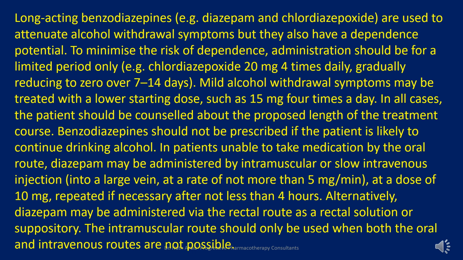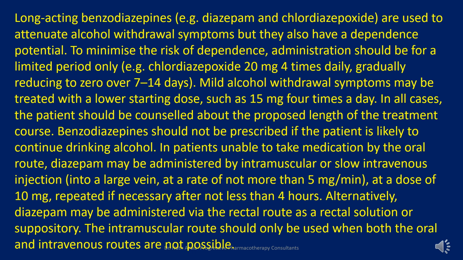Mild alcohol withdrawal symptoms may be treated with a lower starting dose, such as 15 mg 4 times a day. In all cases, the patient should be counseled about the proposed length of the treatment course. Benzodiazepines should not be prescribed if the patient is likely to continue drinking alcohol.